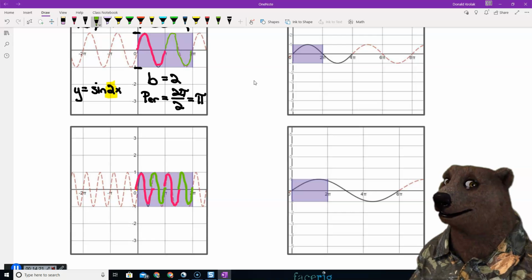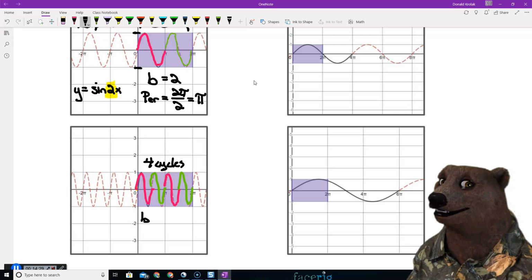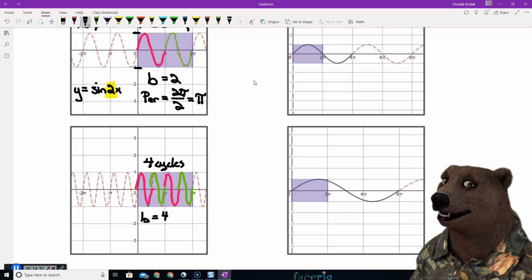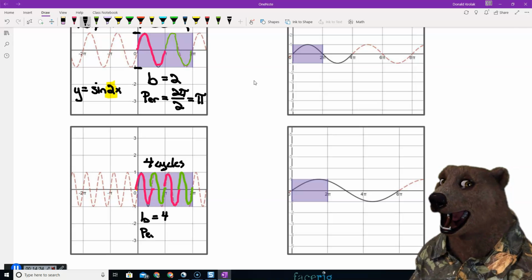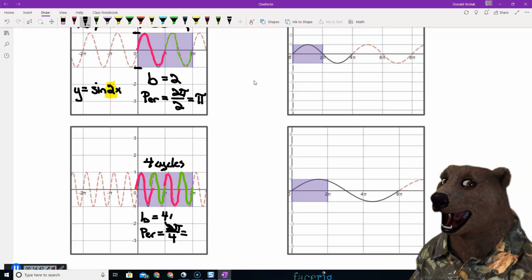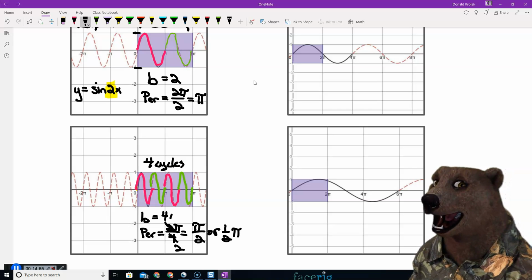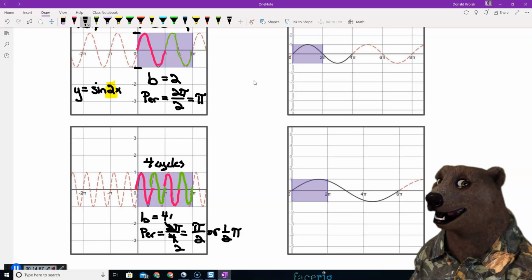So this is 4 cycles. So my B is 4, and my period is now going to be 2 pi divided by 4, which is pi over 2. Or it can be written as 1/2 pi. It's the same thing. Okay, it repeats every 1/2 pi.